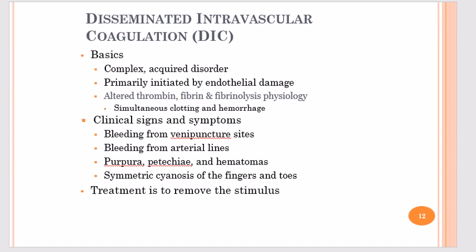Our last two slides will cover a condition called DIC, or disseminated intravascular coagulation, which I mentioned on a previous slide. DIC is a complex acquired disorder that is primarily initiated by endothelial damage, meaning that it is usually caused by another condition.